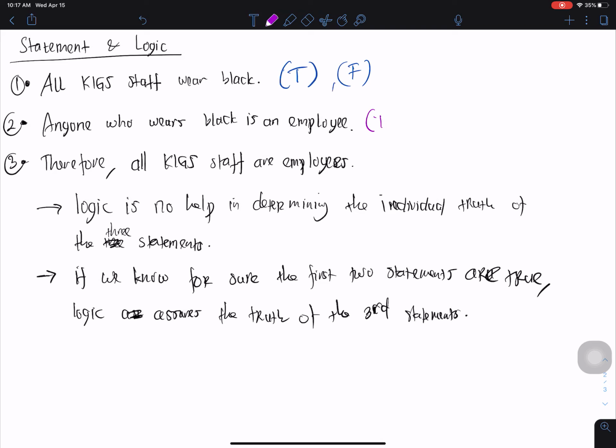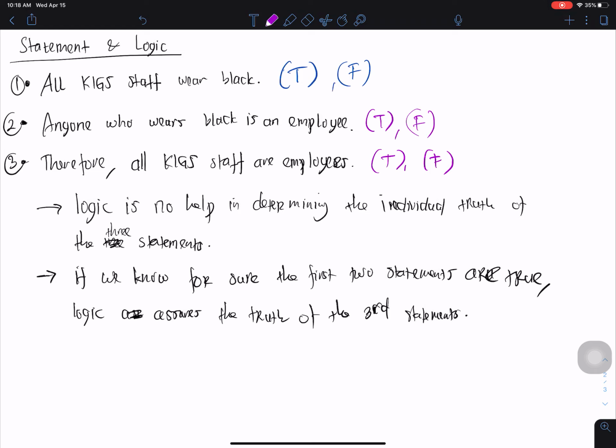This one also can be true, also can be false. It depends on the fact or the data given. Might as well the third one. Therefore, all KIGS staff are employees. This one even more, we cannot determine exactly whether it is true or false.